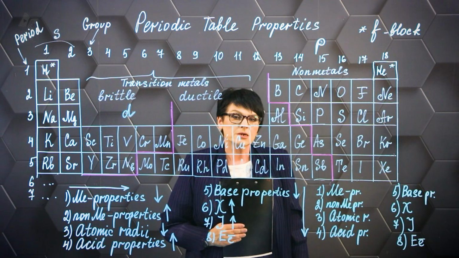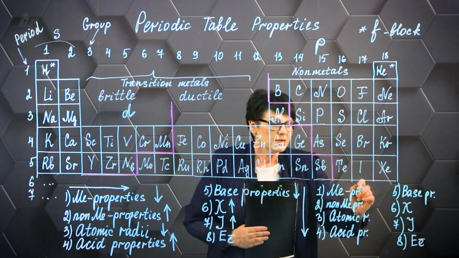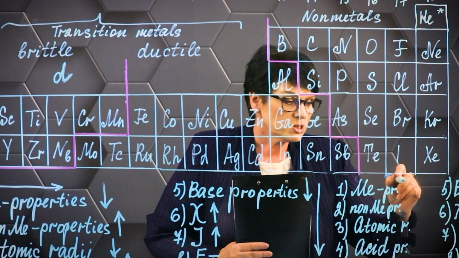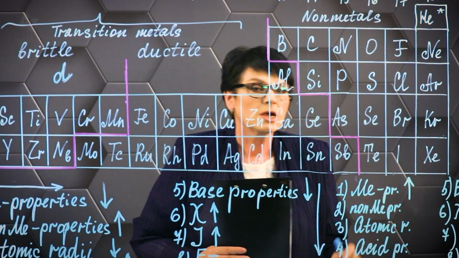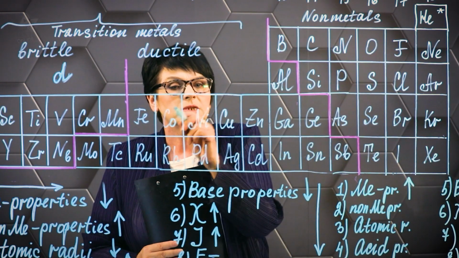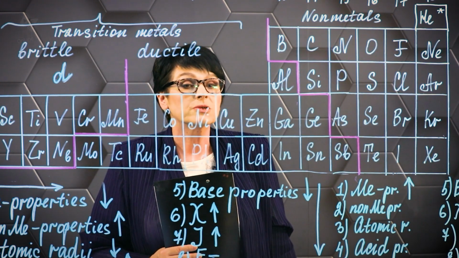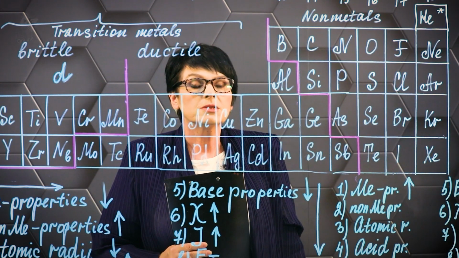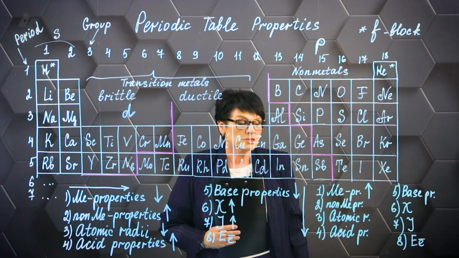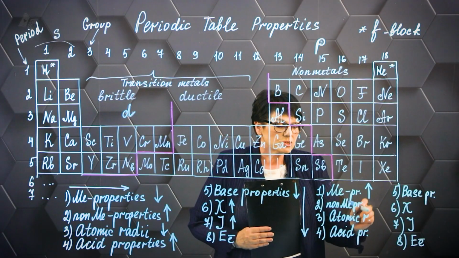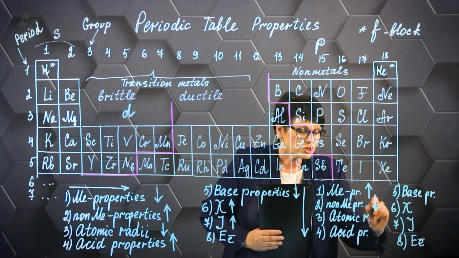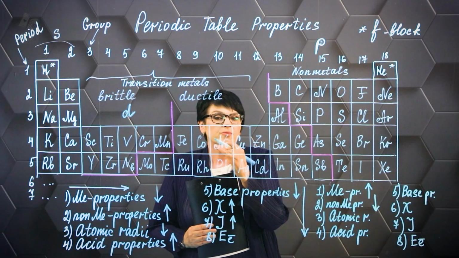And therefore it's easier to give up electrons. Consequently, the metallic properties will increase. But please be careful. We should be especially concerned about the metals of the side subgroups because these elements have peculiarities of their structure. Non-metallic properties, on the contrary, will decrease as they are the opposite of metal properties.